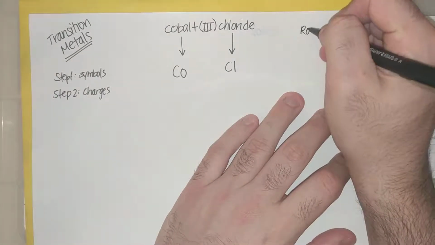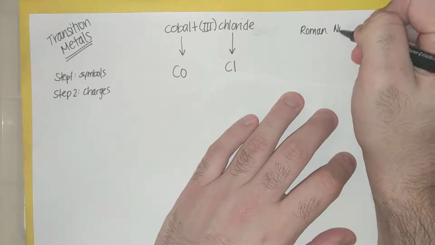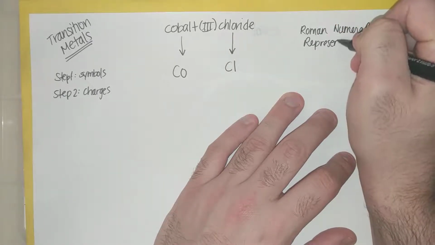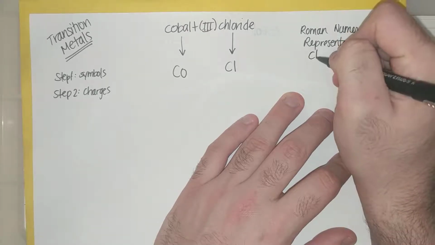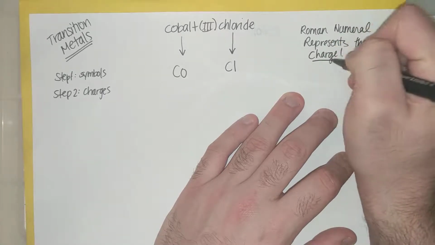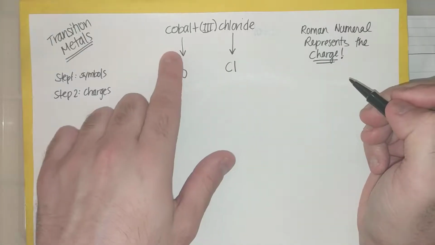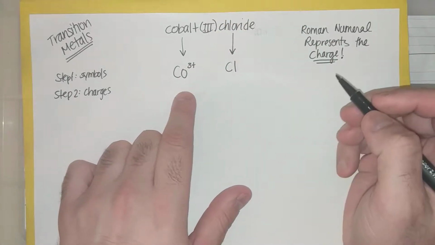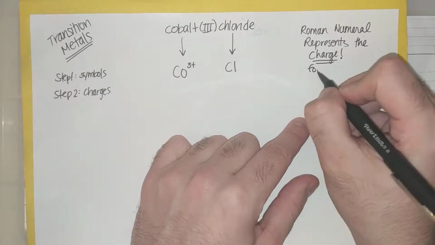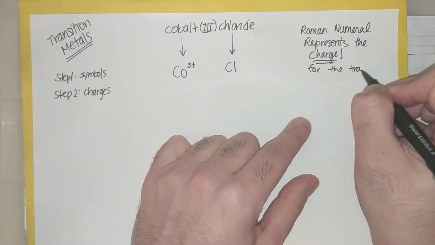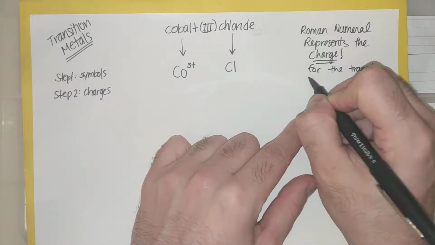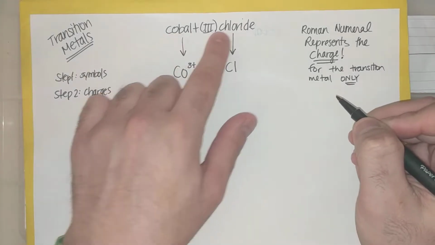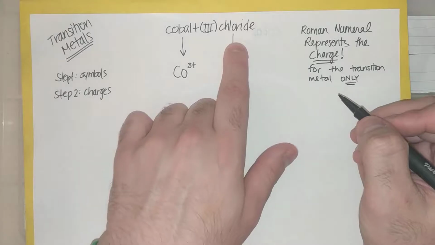The Roman numeral represents the charge. So what is the charge on cobalt? 3+. And it's the charge for the transition metal only. So cobalt-3, the 3 corresponds to the cobalt.